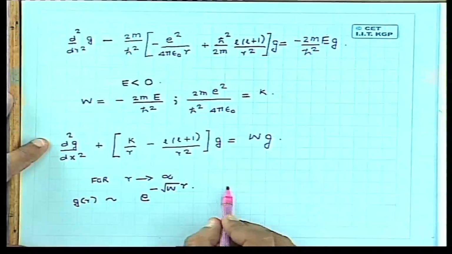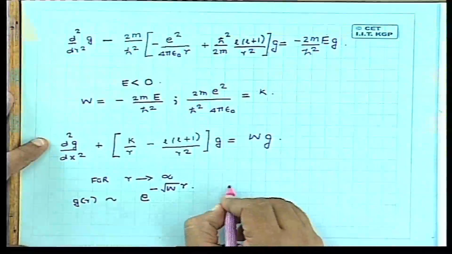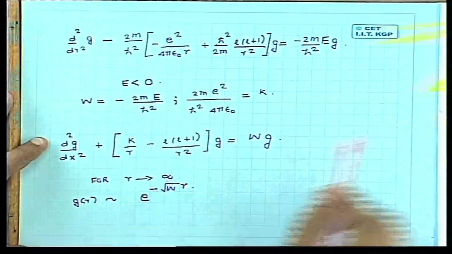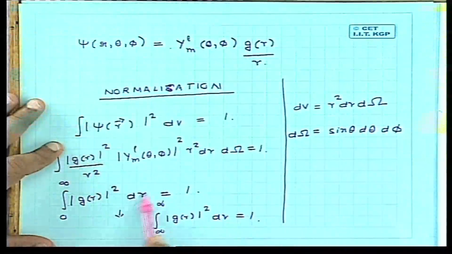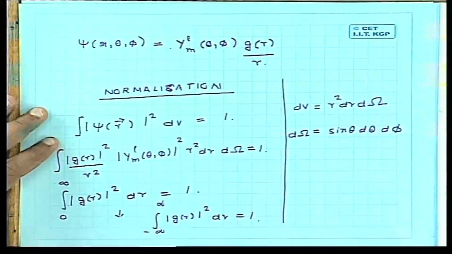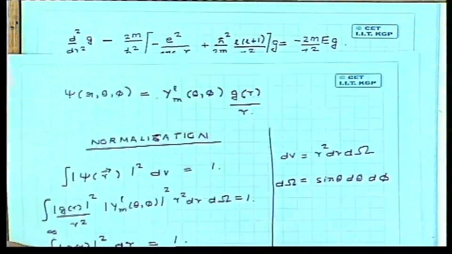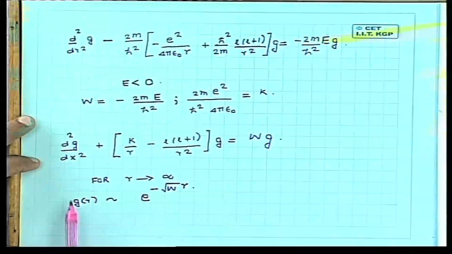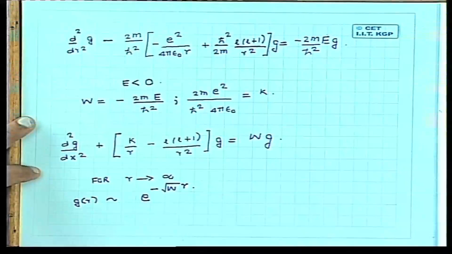There will be another solution which is e to the power plus square root of W r, but that blows up as r goes to infinity, and it is quite obvious that the positive part will not satisfy the normalization condition, so that is ruled out. So I shall not bother to write it down. So asymptotically, the solution of this equation behaves like this at large r.